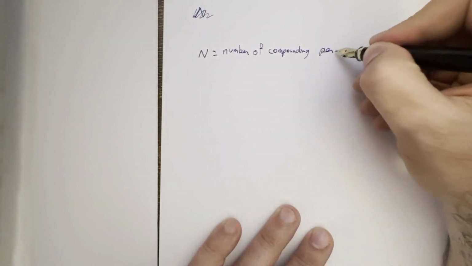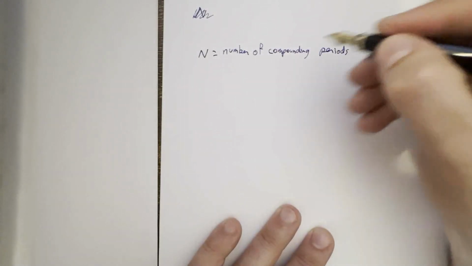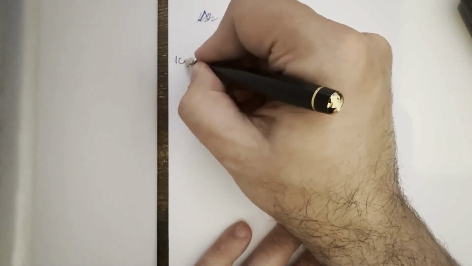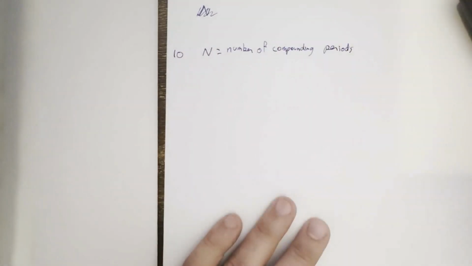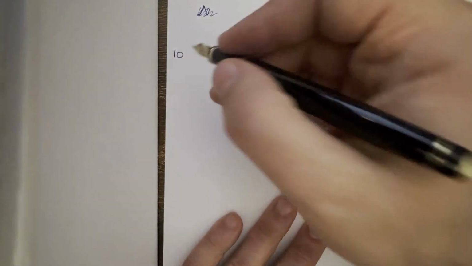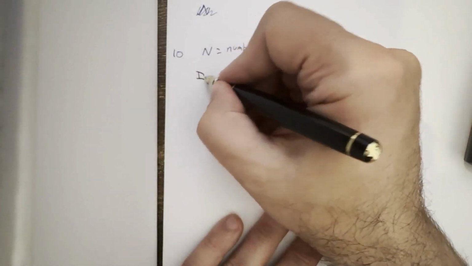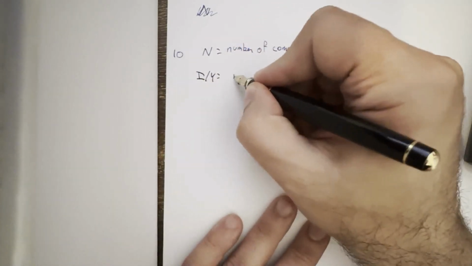And in our example, we're going to set N to 10 years. After that, you have the I/Y, which is the interest rate.